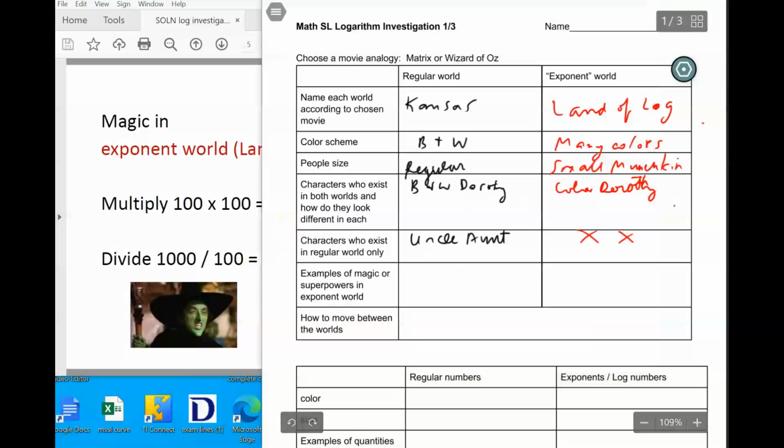Examples of magic or superpowers in the exponent world. We have witches in the land of Log. We have flying monkeys. We have talking animals.